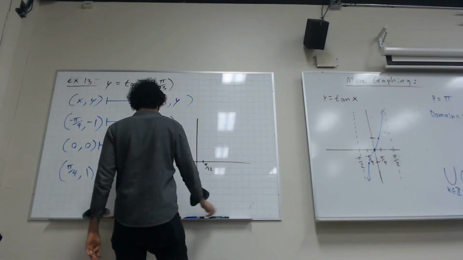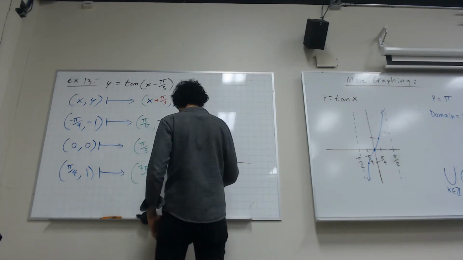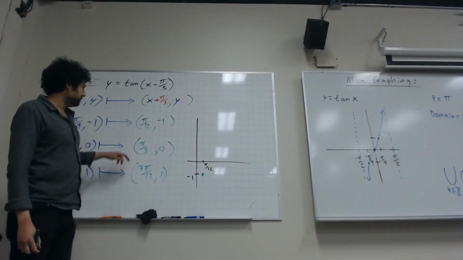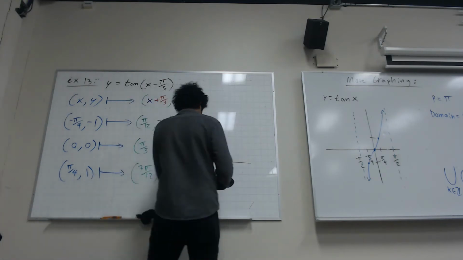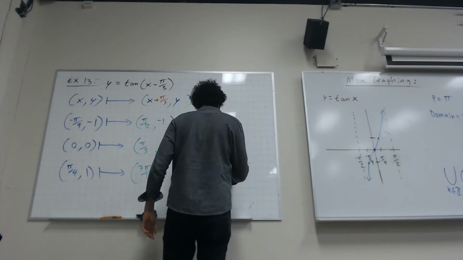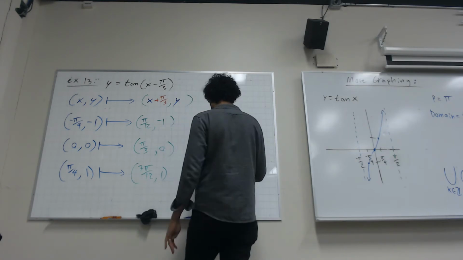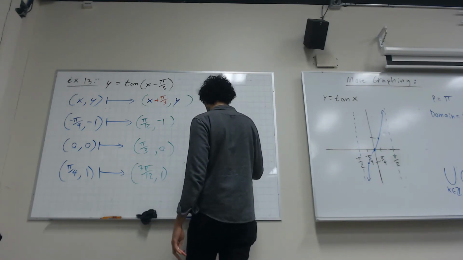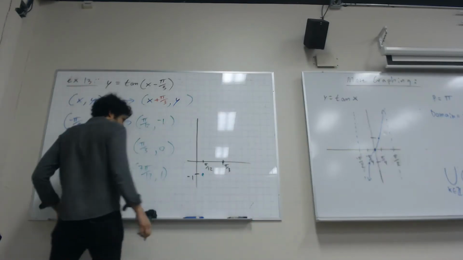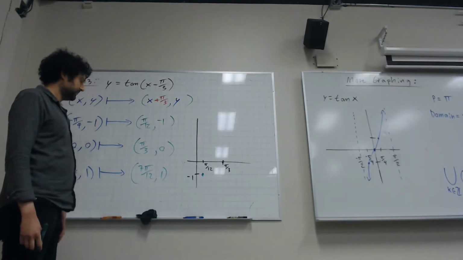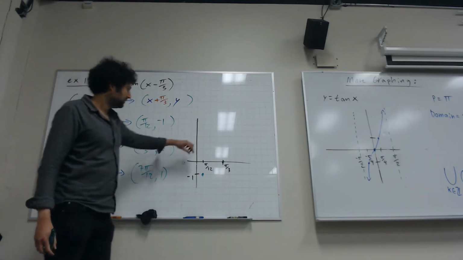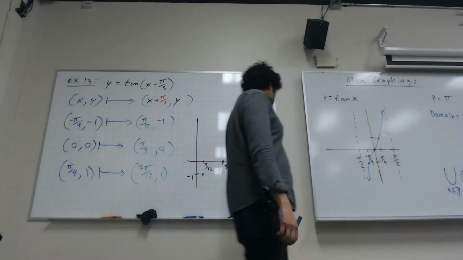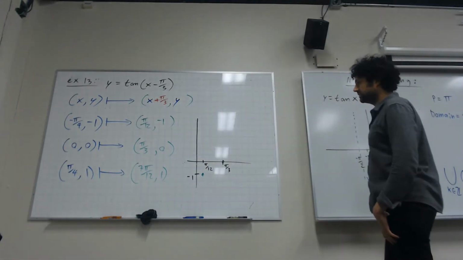Then pi over 3: that's pi over 12, then 1, 2, 3 times that would be pi over 4.